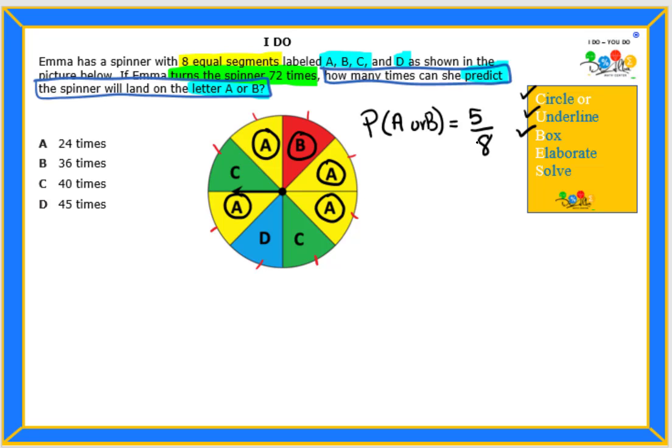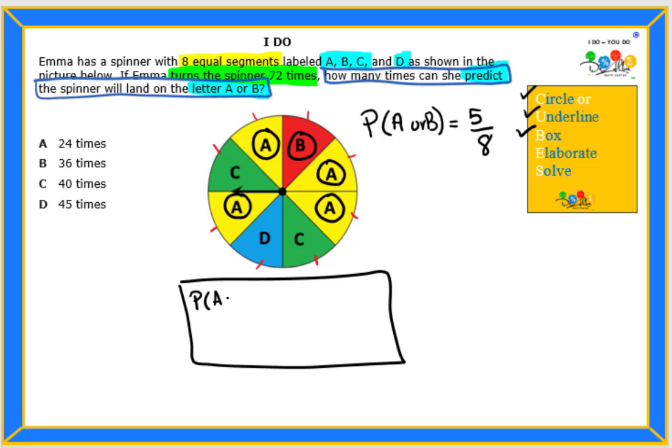Now we're going to set up a proportion. So as we know, when we set up a proportion box, what we want to do is the probability of getting that A or B over the total. And we got 5/8.